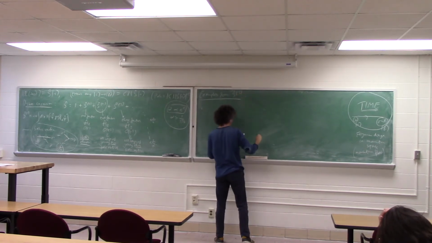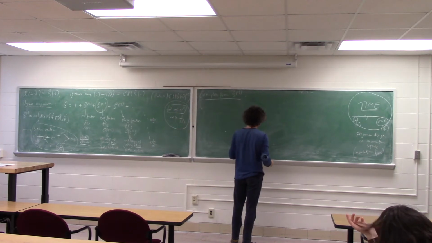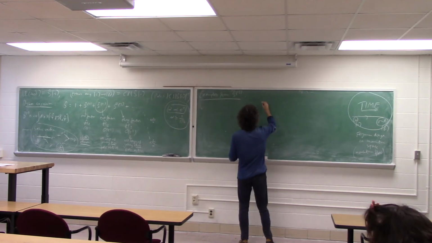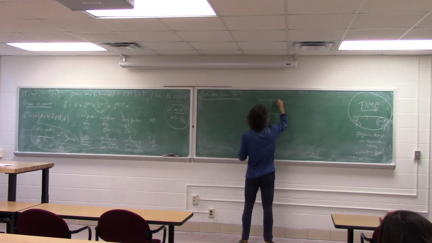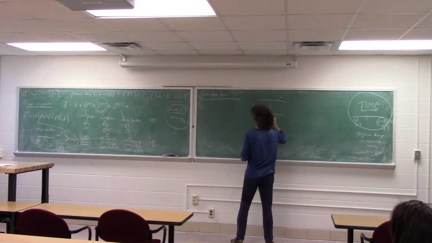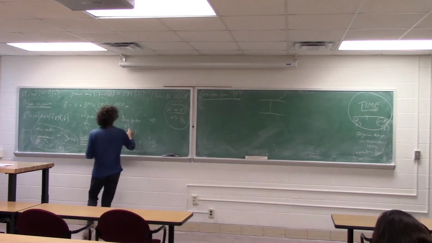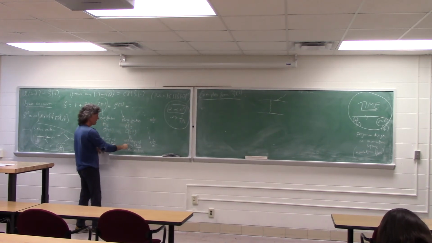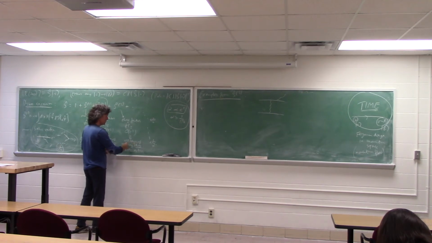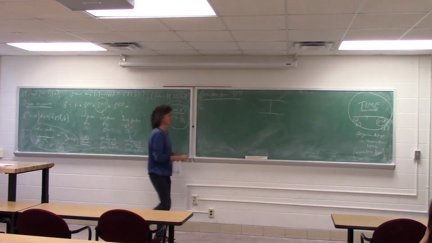With S3, remember, there are three factors in the expansion, three factors in the interaction Hamiltonian. The result is that the amplitudes are generated by all ways of joining three basic vertices.